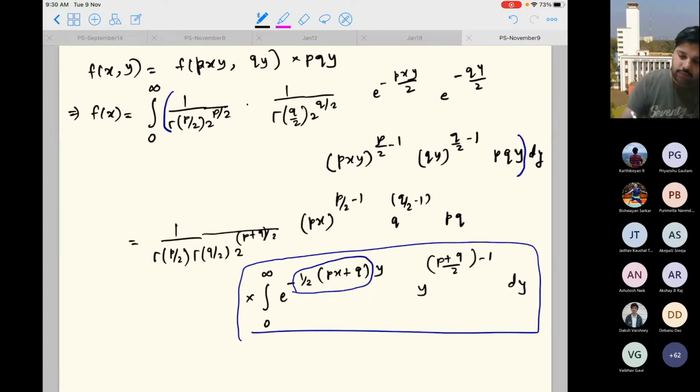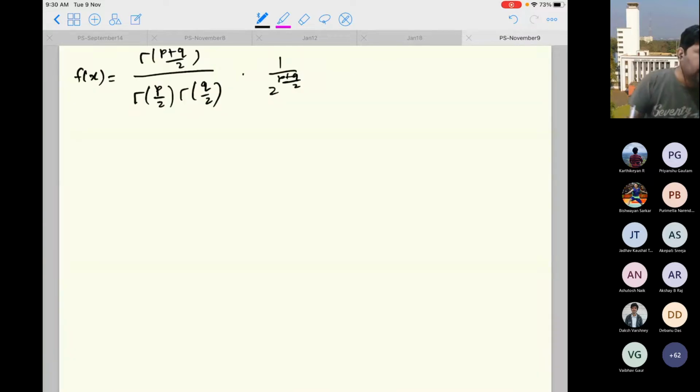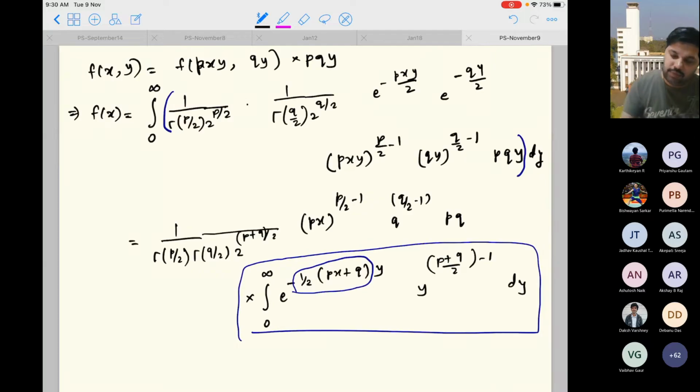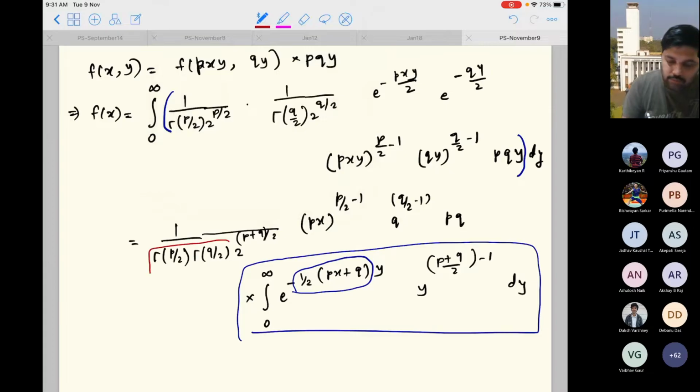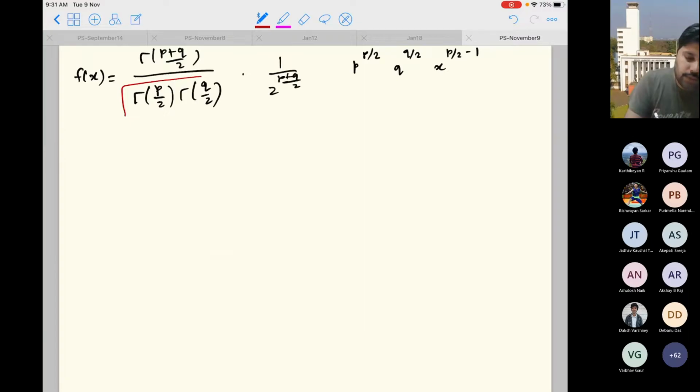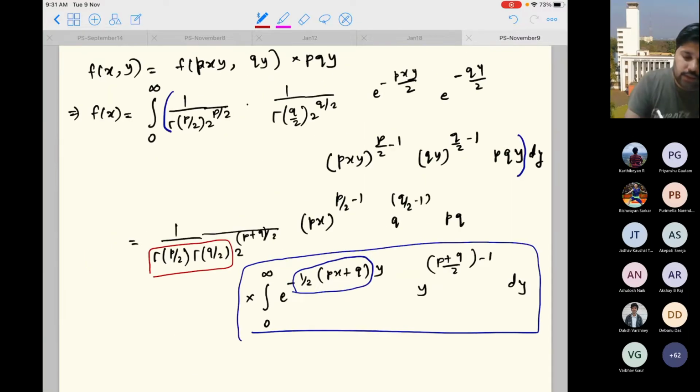Then I have p to the power p by 2, q to the power q by 2, into x to the power p by 2 minus 1. This is the simplification of this term. Maybe I will just mark it like this: this part is coming here like this, and this part is coming here like this.